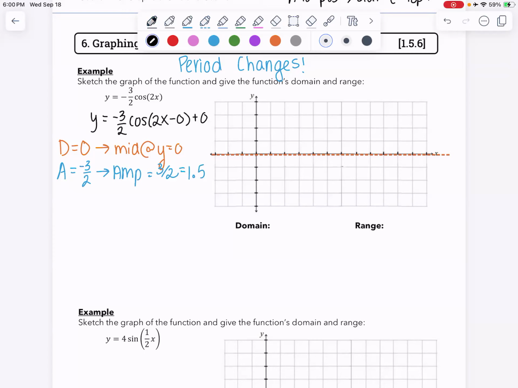So I'm going to go up 1.5 units. That takes me to 1.5. And down 1.5 units to negative 1.5. And we could really write our range right now, negative 1.5 to positive 1.5. Domain, negative infinity to infinity. We can do that right away.